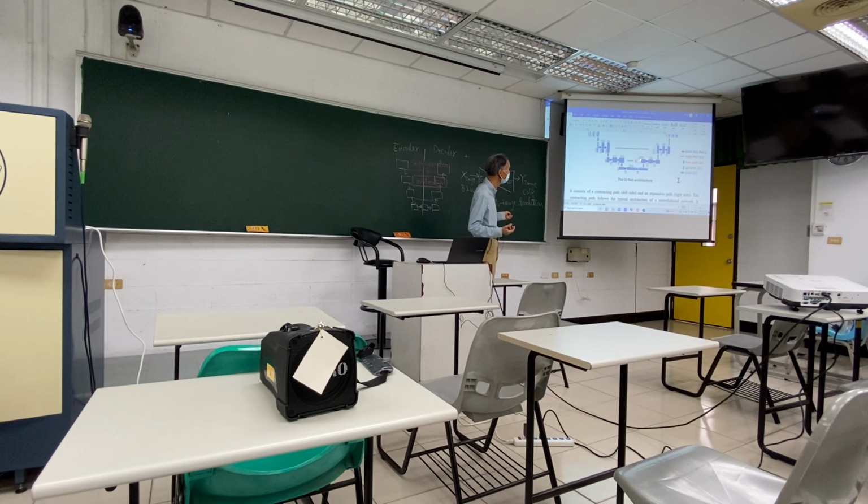You can see a white part here and a blue part here. The white part means the output from the decoder, and the blue part means the convolution result from the encoder.